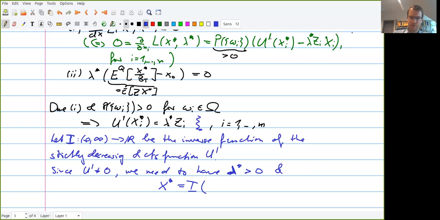So I get rid of the u prime, and I get here the x star i, and I can do it for each component, for i up to m.